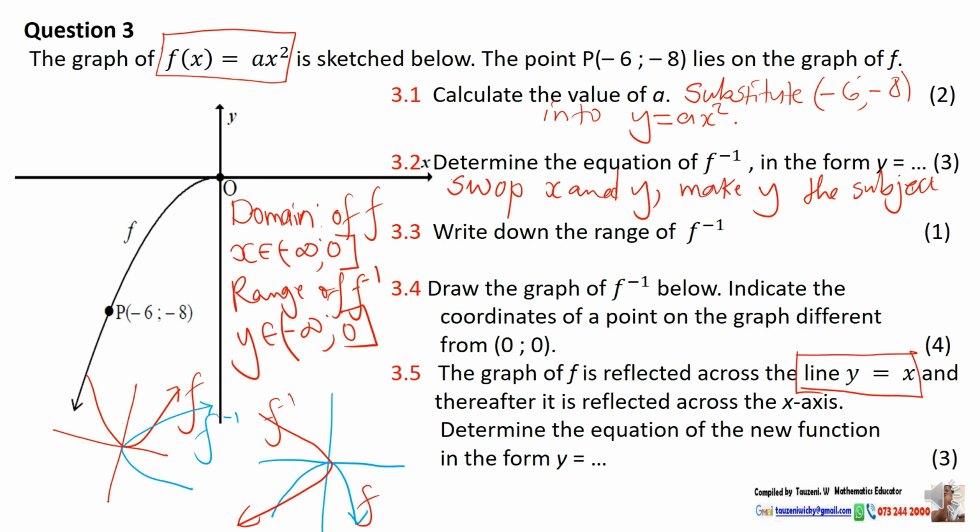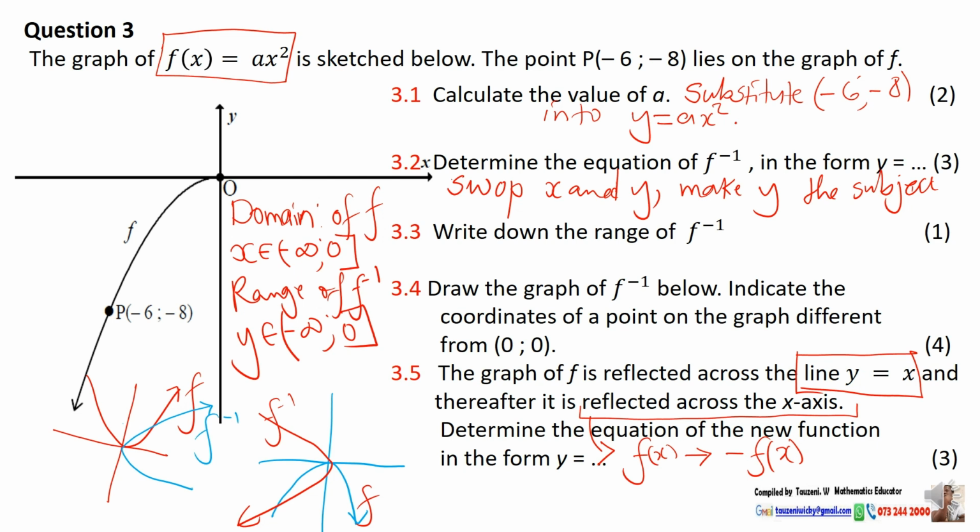Then reflection along the x-axis. If you are reflecting along the x-axis, f of x will become negative f of x. In other words, you change the signs of the equation. That is what we do in order to reflect.